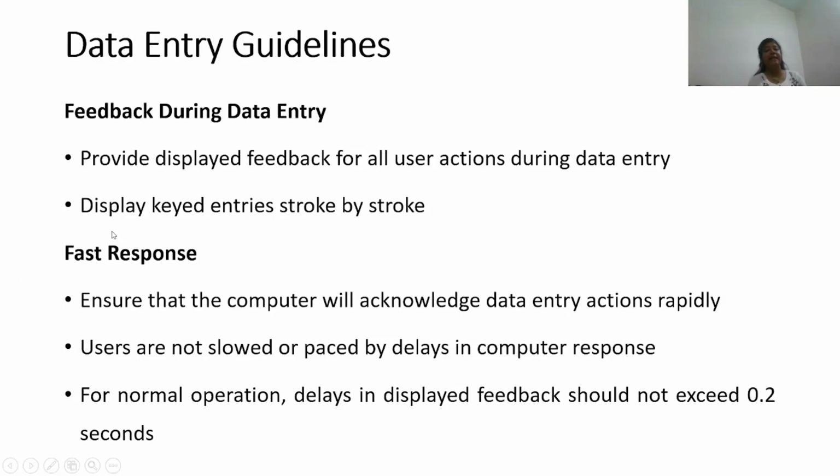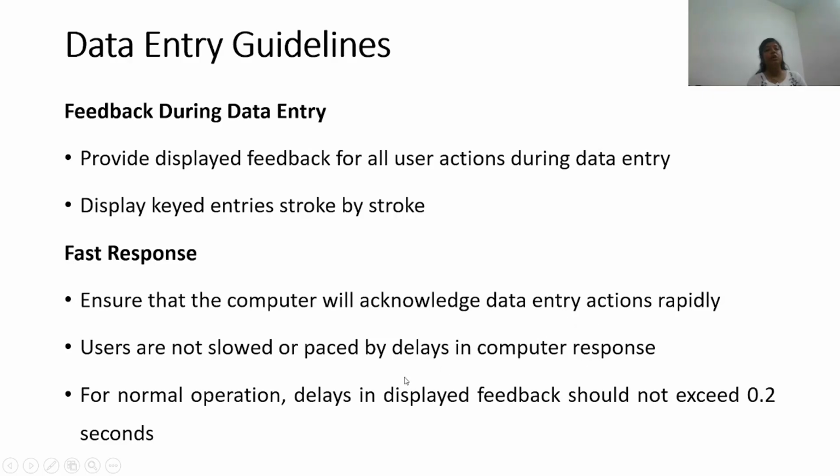The next guideline is fast response. We must assure that the system will provide acknowledgement for the various data points in a rapid manner.